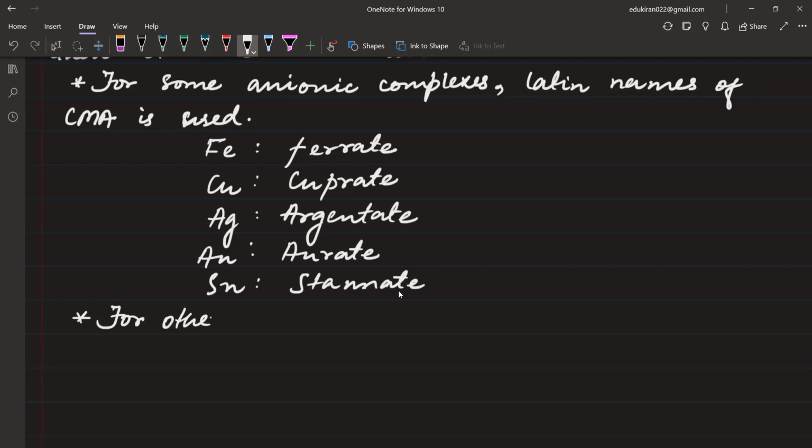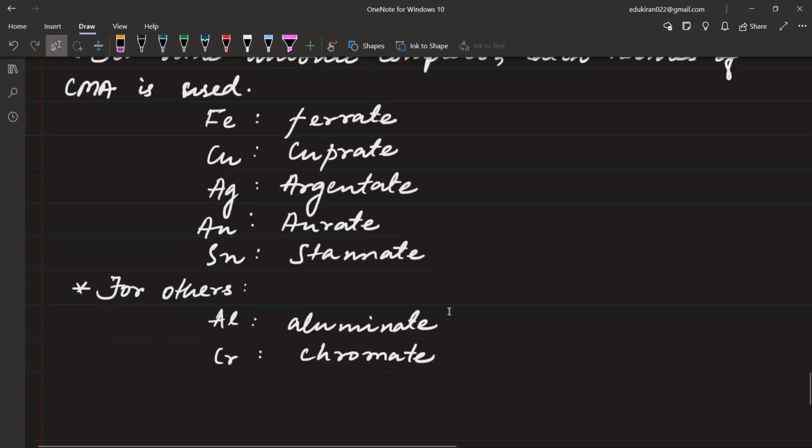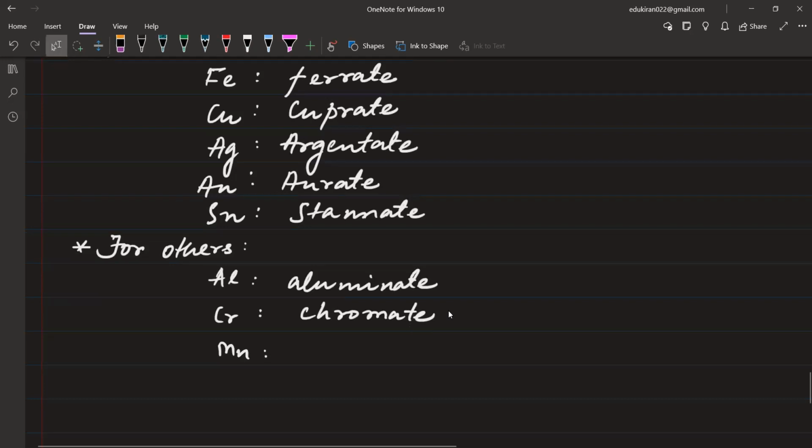For others, for example, if you have aluminium, it will not be aluminiumate, it will be aluminate. Cr will be chromate. Write Mn as well.